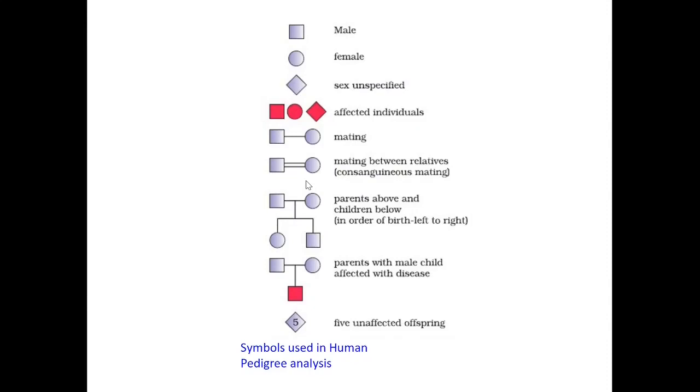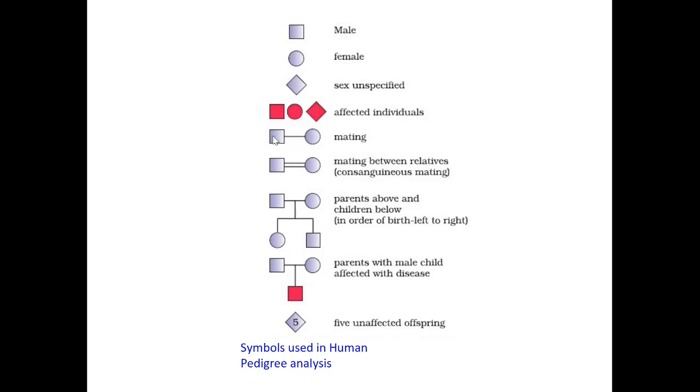Let us study the various symbols which are used in human pedigree analysis. Male members are shown by squares. Female members are shown by circles, and this symbol is used to represent individuals of unspecified sex. If these symbols are darkened, they represent affected individuals.